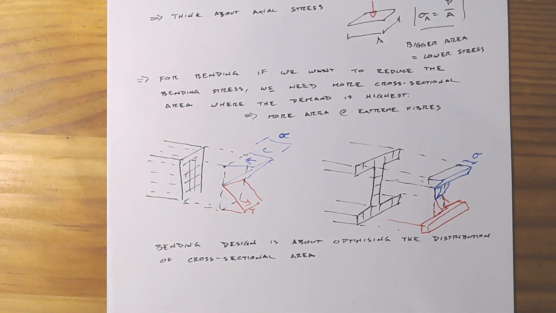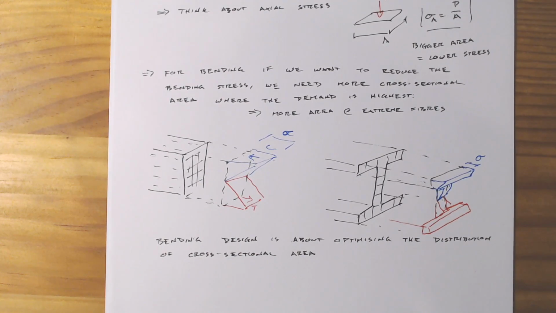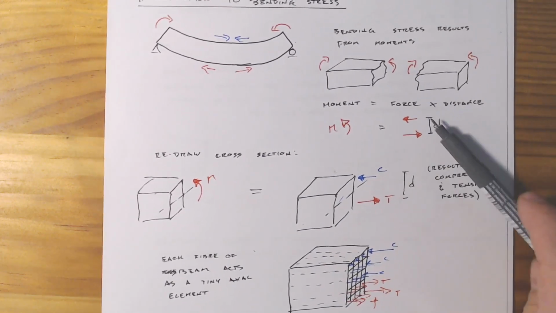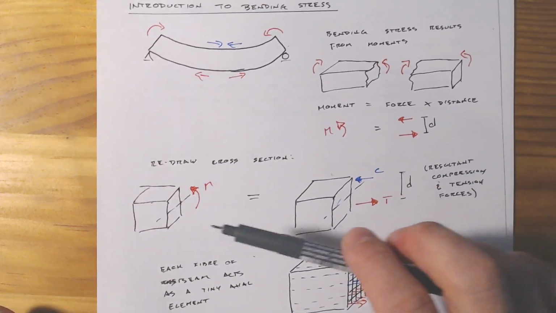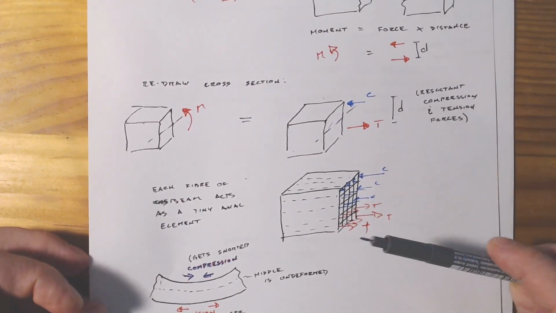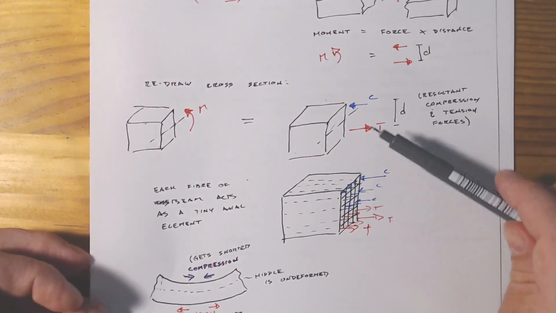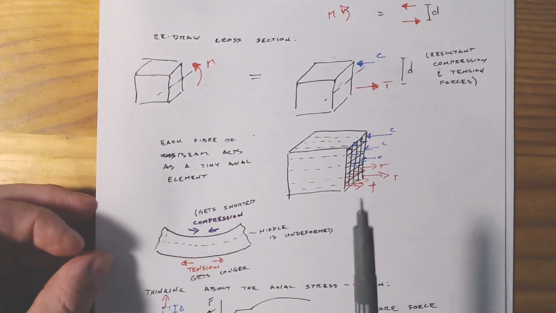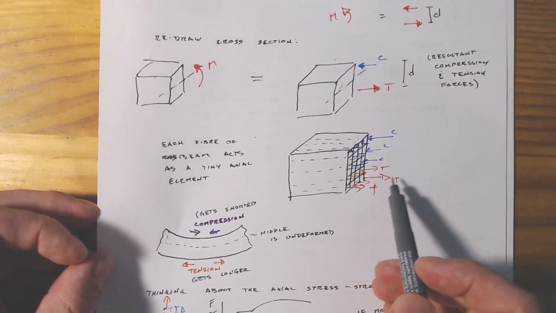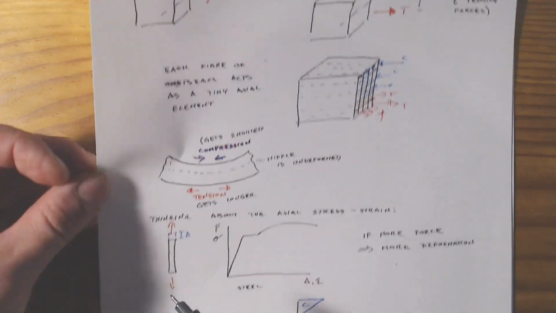So that's our real high-level overview of how bending stress works. And again, to recap, because moments are just a force times a distance, we can treat the bending moment really as a force couple in compression and tension. And so once we have that, we can then treat the element as a whole series of these little compressions and tensions acting on just a little axial load.